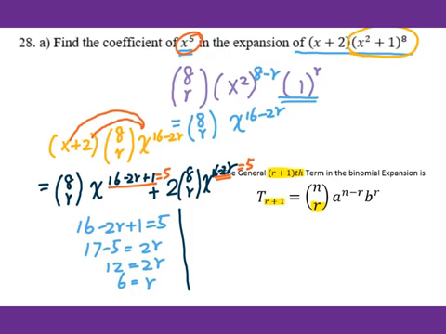For this part, we got 16 minus 2r equals 5. Then 2r equals 16 minus 5. r equals 5.5. Since r must be a natural number, this one is gone.